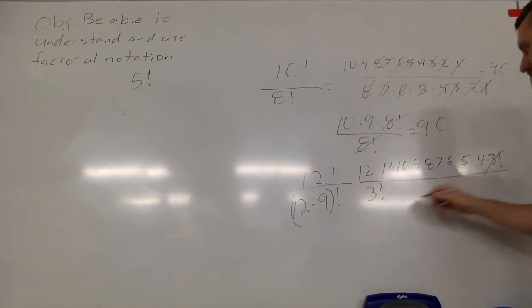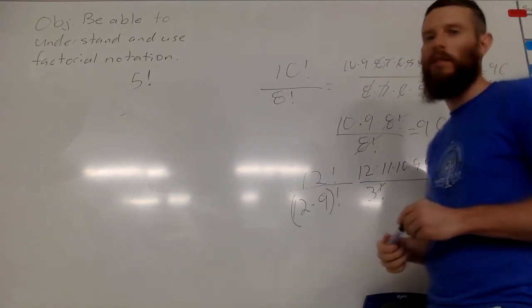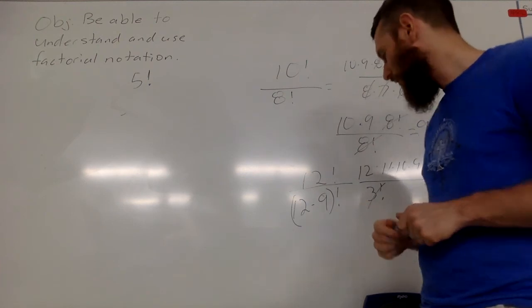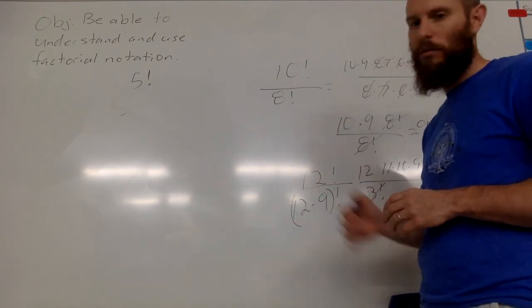Then the 3 factorial cancels, and then you could put that into your calculator. Although for scientific calculators, there's a faster button for those types of problems. But anyway, that's a couple different places.